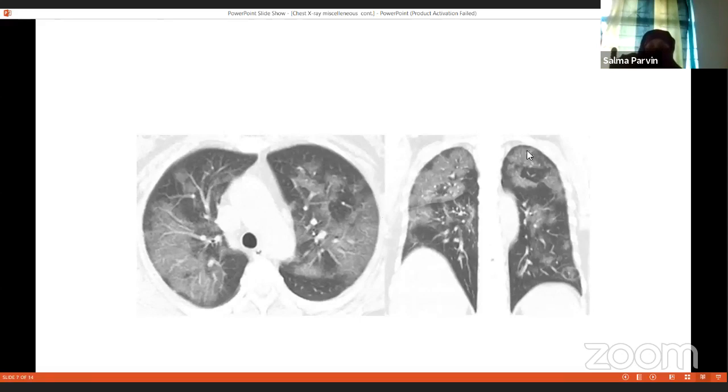This is a CT film. In X-ray, we used to get this type of overlapping consolidation as a density, not that sharply defined here.